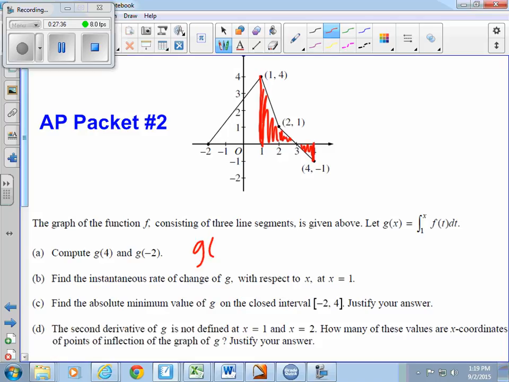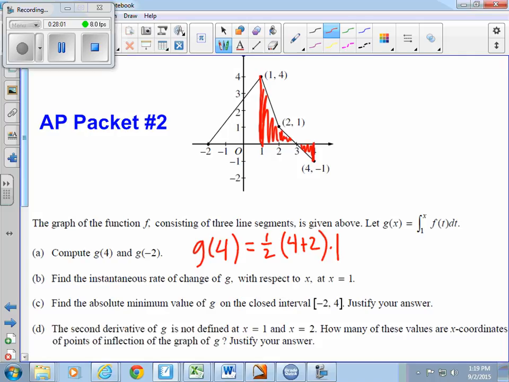So g of 4, from 1 to 2, I have a trapezoid: 1/2 times base 1 plus base 2, times the width, which is 1.